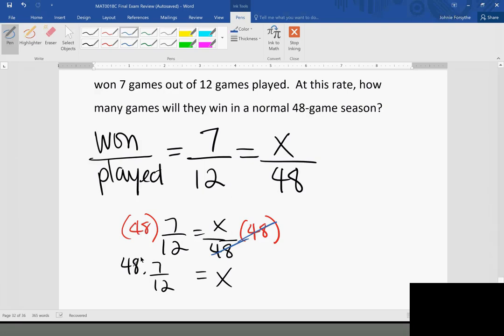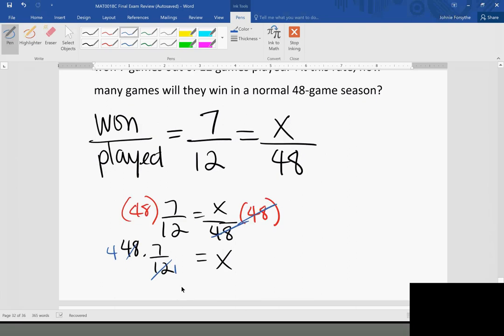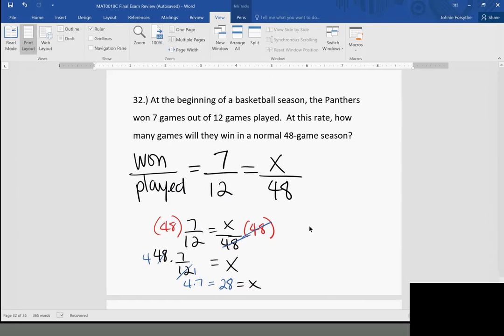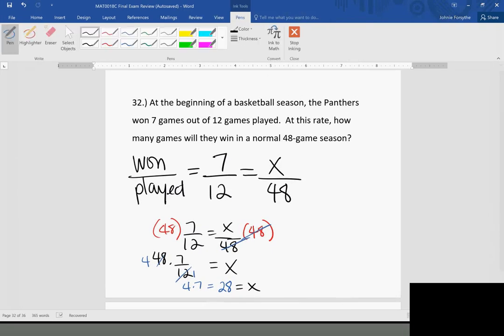So 12 goes into 48 4 times, and 12 goes into 12 1 time. So that will actually just be 4 times 7, which is 28, equals X. Okay? So it would be 28 games.